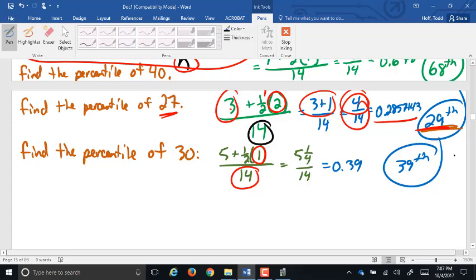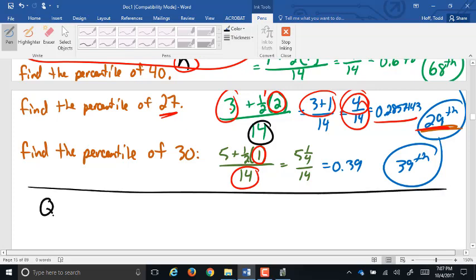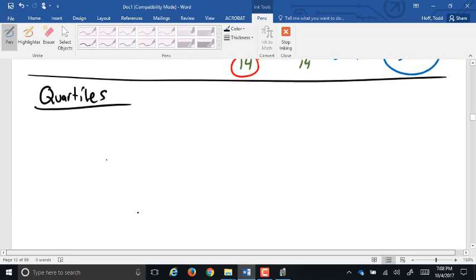Okay, so now related to these percentiles, we have something called quartiles. Quartiles divide the data into 4 equal pieces.